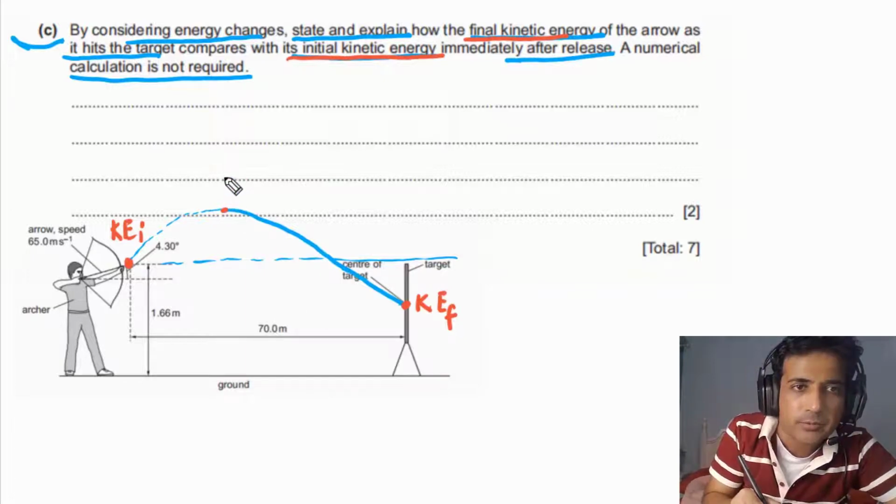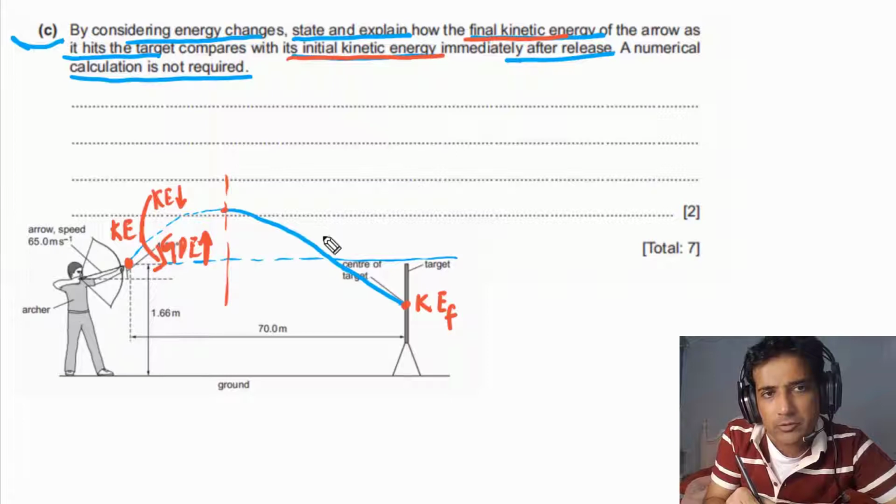Now if you look at the motion of this one, when this arrow is moving up, the arrow will gain GPE, means its gravitational potential energy will increase, but its kinetic energy will decrease. So simply we can say kinetic energy decreases. In this case, kinetic energy will be converted into GPE.